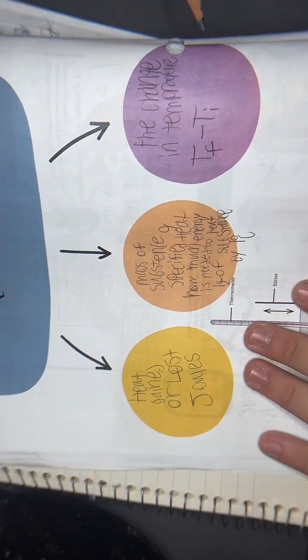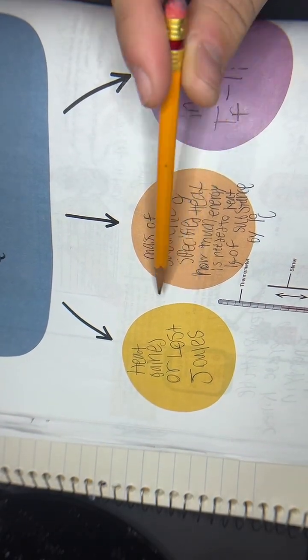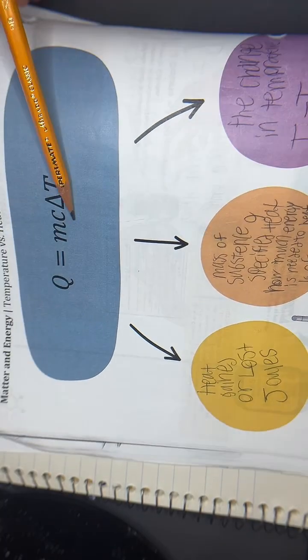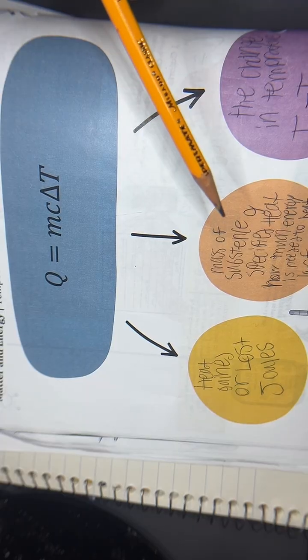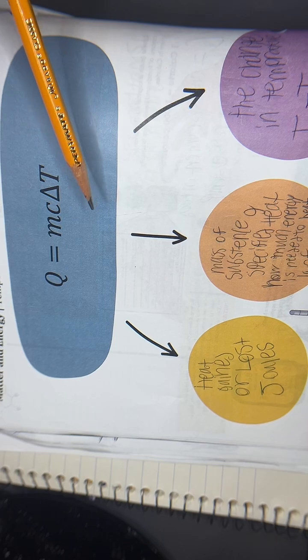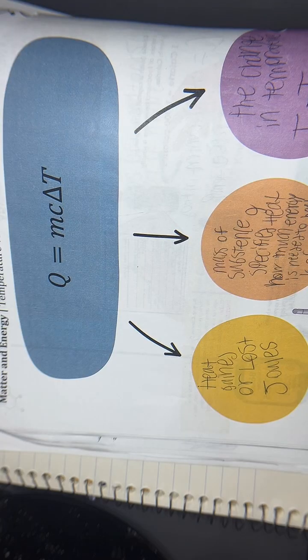What does that mean? Q is your heat gained or lost in joules. M is the mass of the substance that you're measuring. So if you're measuring a cup of water, that's your mass. C is the specific heat capacity. Sometimes it'll ask you to solve for this. The specific heat capacity is basically how much energy it can take in before it heats up.